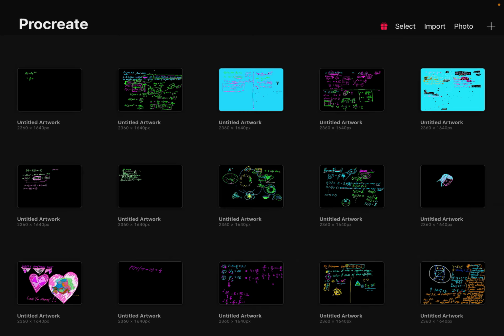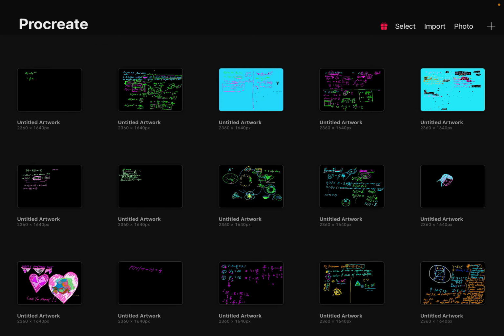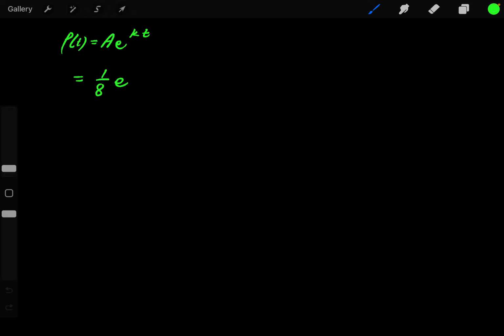So I have p of t is equal to a e to the kt, and I solved for a and k. A was 1/8, e to the k. K now is ln 3200 over 2 times t.